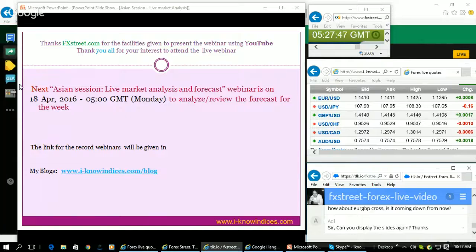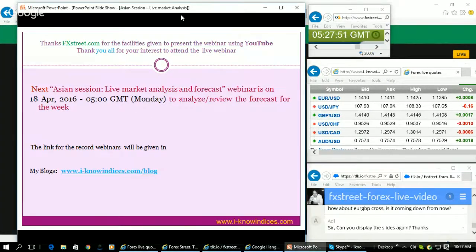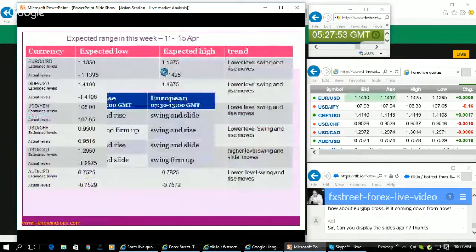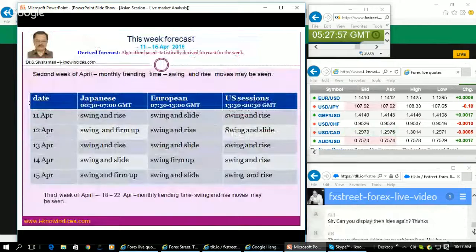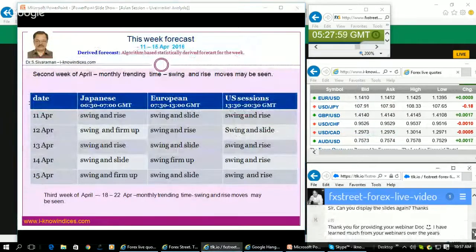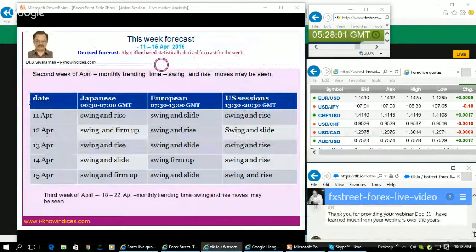Okay, can you display the slide again? The forecast slide. Okay, thanks for your understanding.